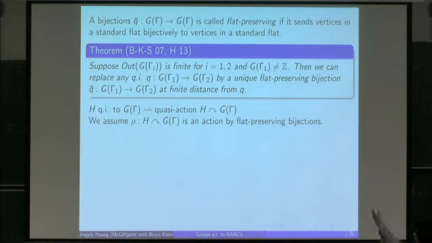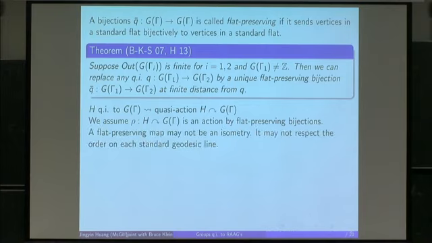However, by the uniqueness statement in this theorem, up to bounded distance there is a unique flat preserving bijection. So that means we actually get an action, not a quasi-action, by the uniqueness statement. So now we have an action of H on G of gamma by flat preserving bijections. This is the combinatorial information we're going to use to construct our space.